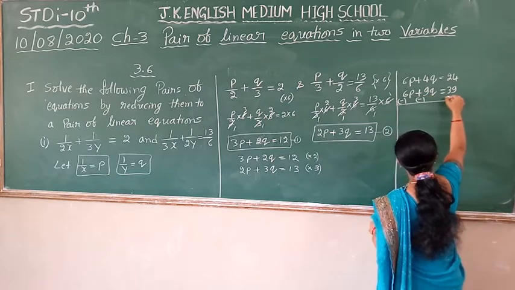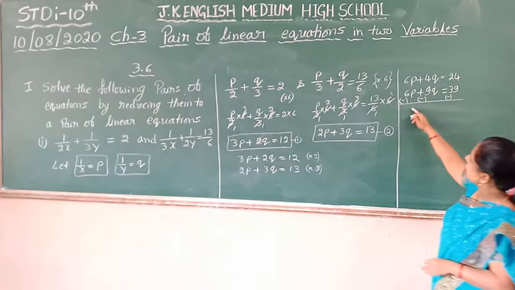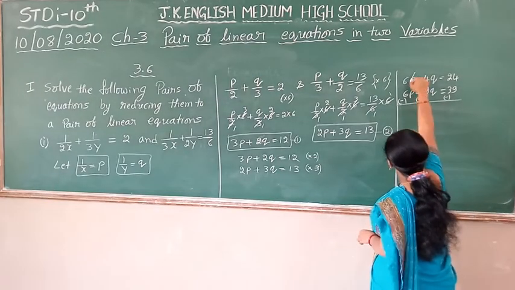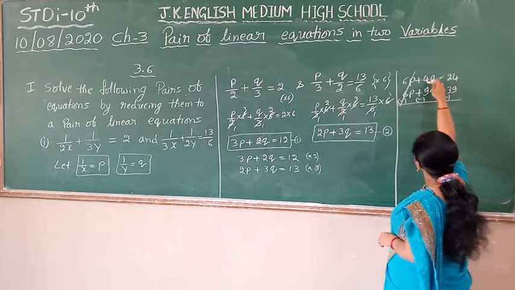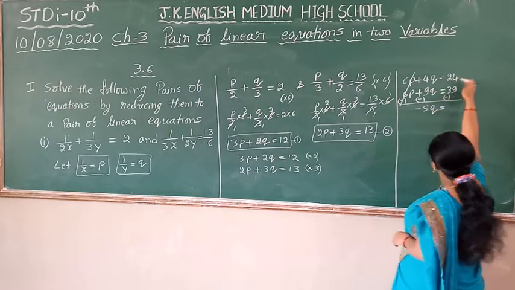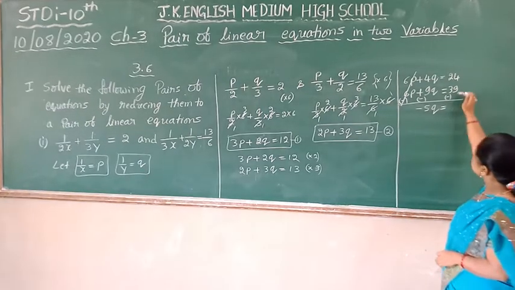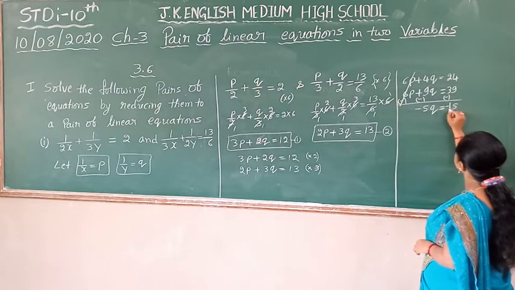I cannot eliminate one of the variables if the sign is the same. So now I change the sign, then this variable will be eliminated. Minus 9 plus 4 means minus 5q. Minus 39 plus 24 means you have to subtract, then it becomes minus 15.